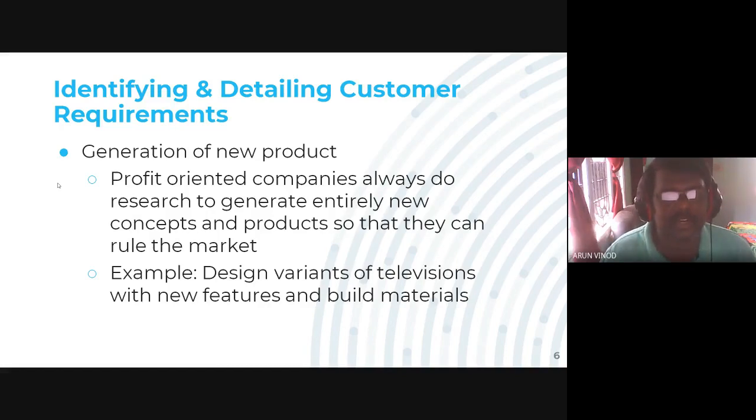If you are going for a new product, you have to do so much research and invest a lot to attain that product. The reason is that if it is successful, they will be the ruler of the market, the brainstormers of the market. So they will do any kind of research to achieve that new product. Design variants of television with new features is an excellent example.